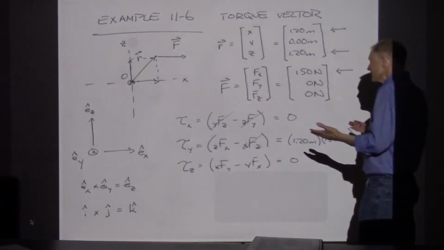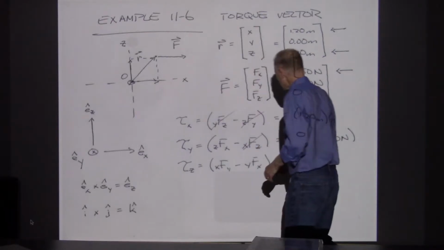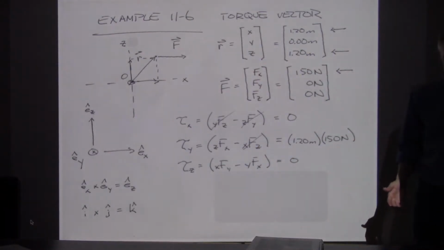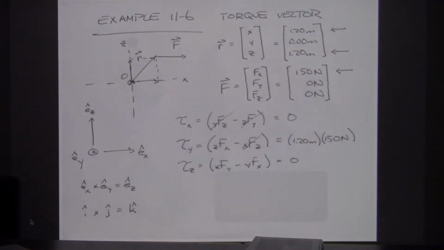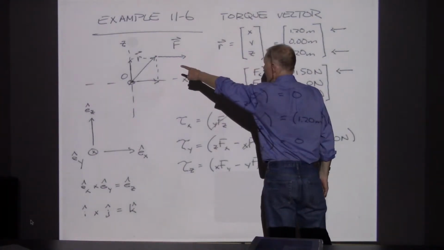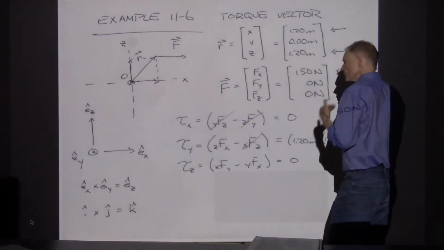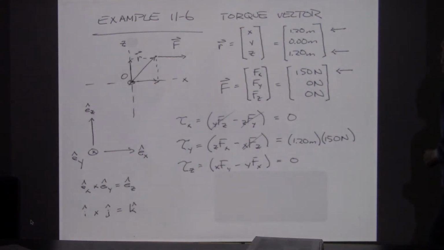So the only product left, notice we had to do 1, 2, 3, 4, 5, 6 different products, but only one of them was non-zero. So that really helped simplify our problem a lot. What it comes down to is only the z component of the lever is going to apply, and the force is only in the x direction.